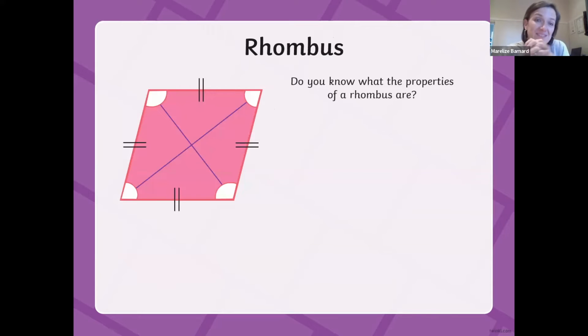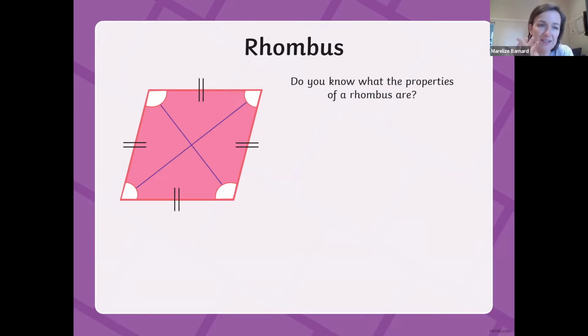Okay, next one. This is actually my favorite shape, a rhombus. What are the properties of a rhombus? All the sides are equal. What about the angles?